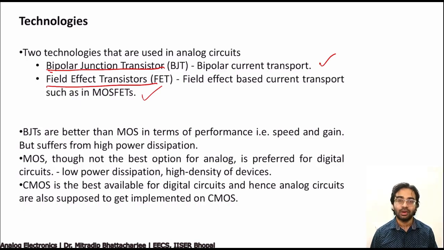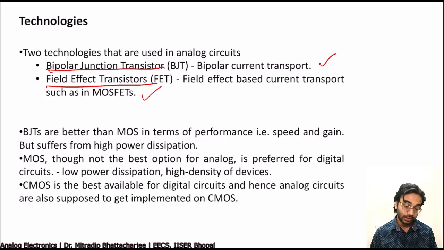And I will show you how you are going to lose the power, because gain, etc. is a function of the biasing current. Now if you increase the biasing current, your gain will be better, or maybe your bandwidth will become better, but you are losing power, so it is not ultimately desirable.